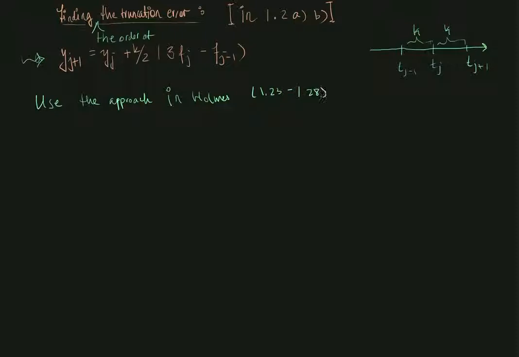And if you're not sure which equations I'm talking about, they are on page 6. And I would recommend you just quickly read that section again if you can't remember what's in that section. So we use this approach in reverse.